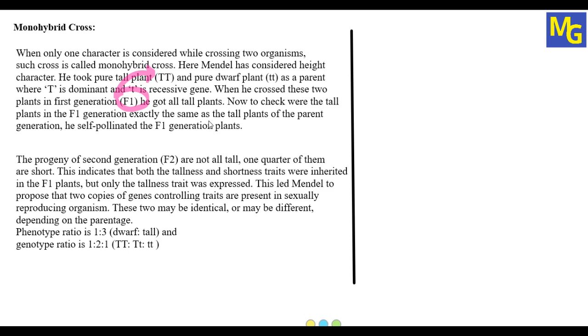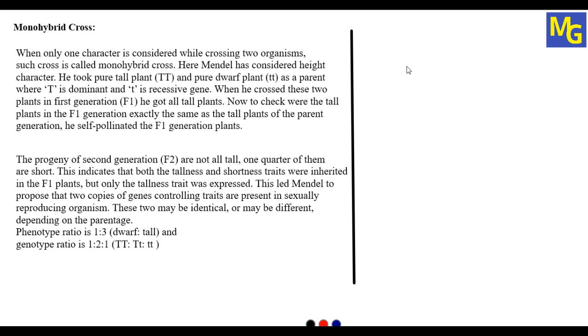That we have to check. So to check this, he self-pollinated the F1 generation plants to get the F2 generation.